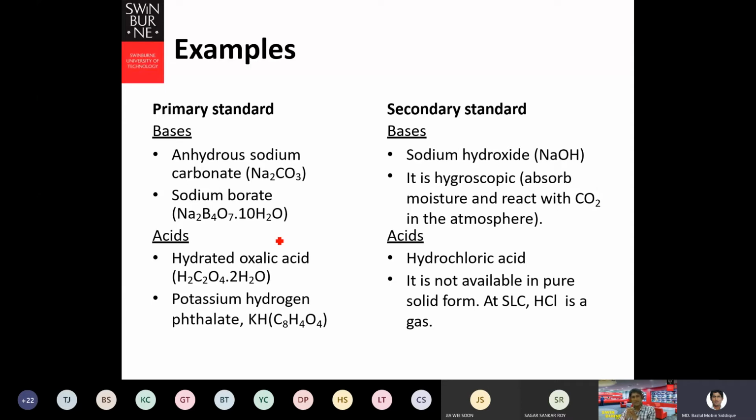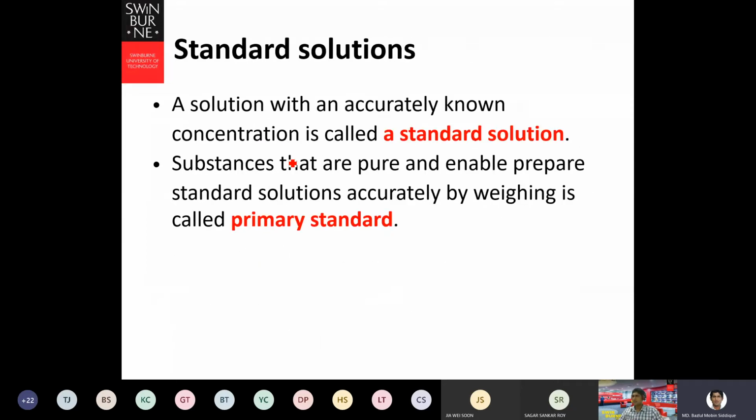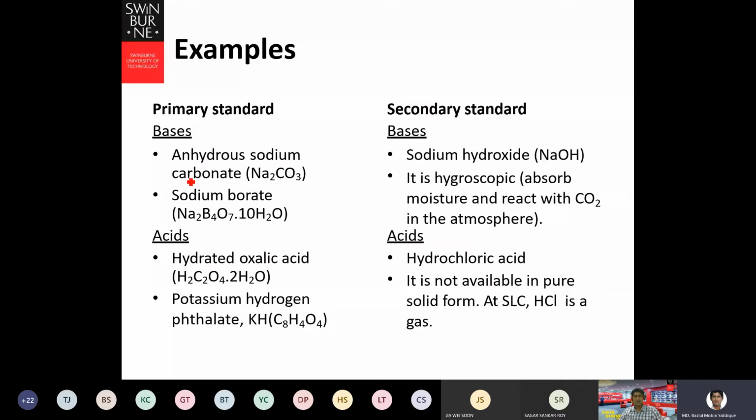Stable. Acids, those are base. So if I want to standardize my base, I will use either sodium carbonate or sodium borate, right?